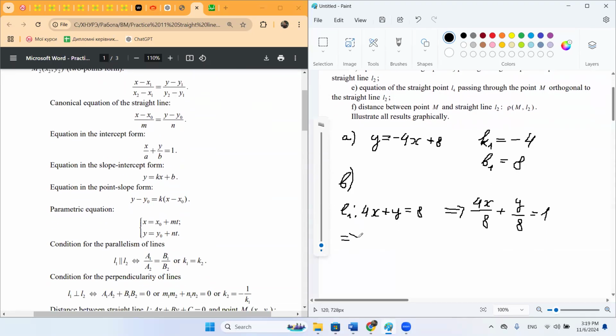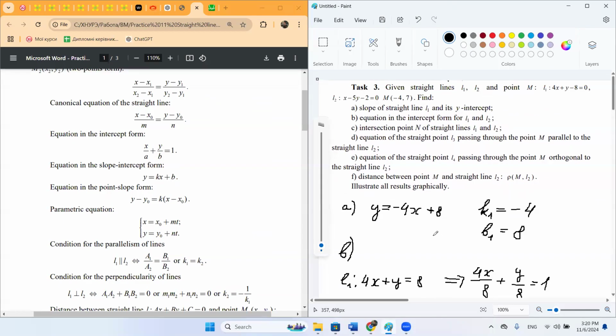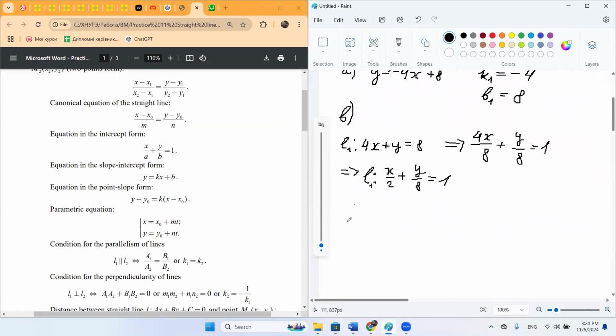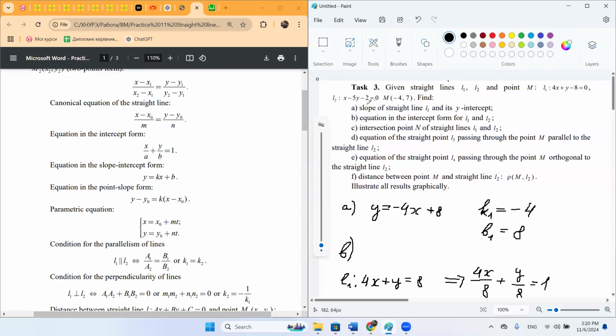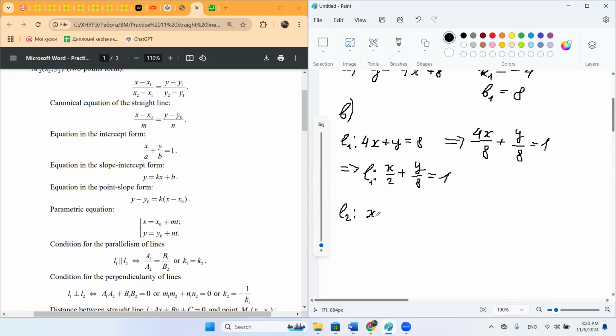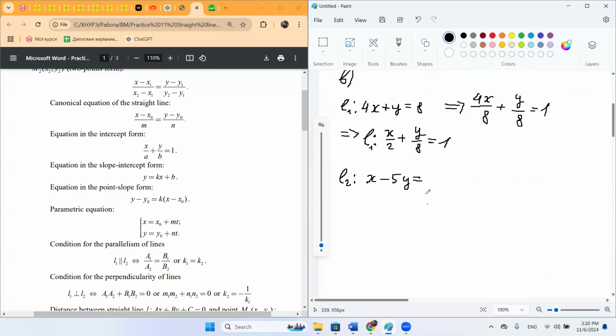And finally, L1: x by 2 plus y by 8 equals 1. And for L2, x minus 5y equals 2. So dividing it by 2.